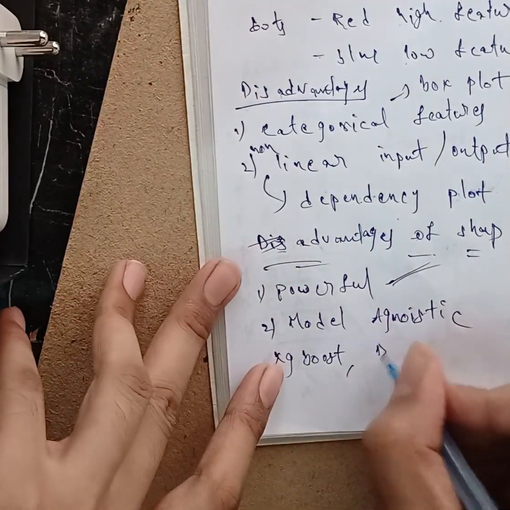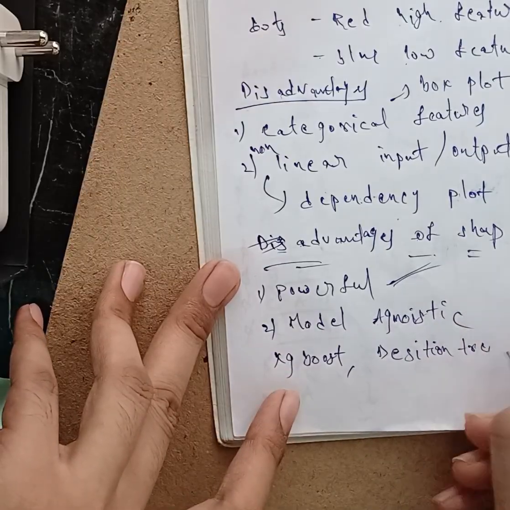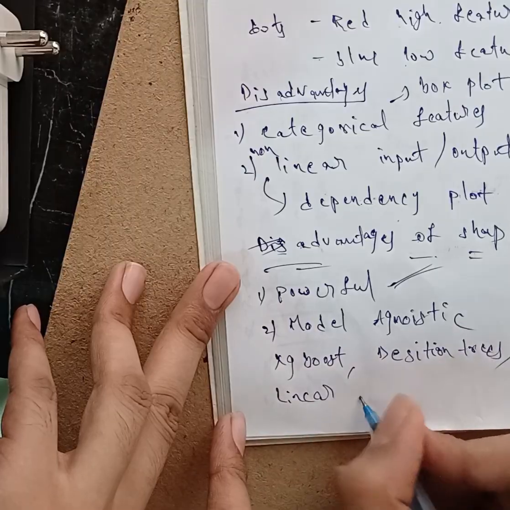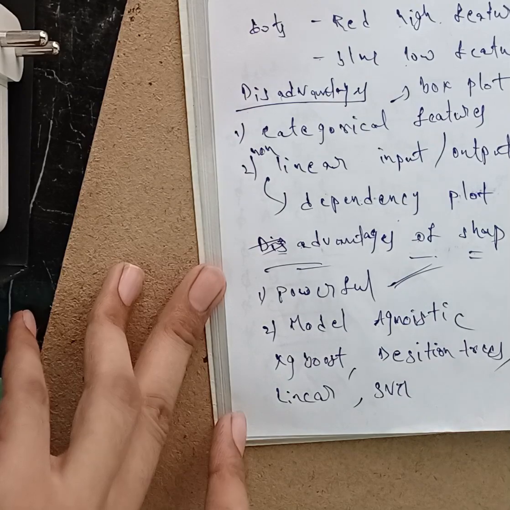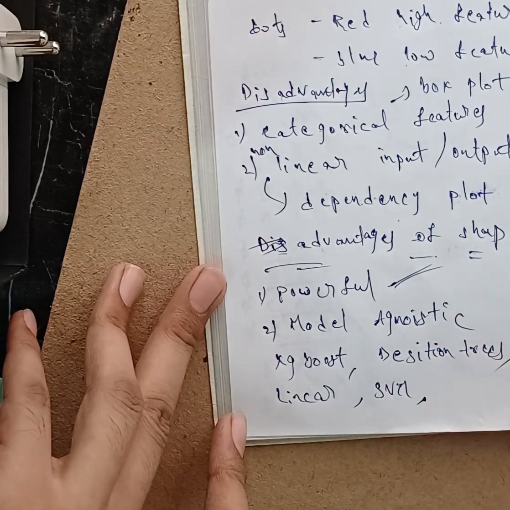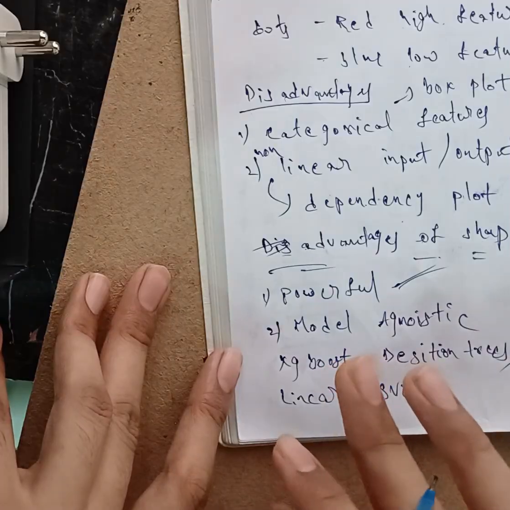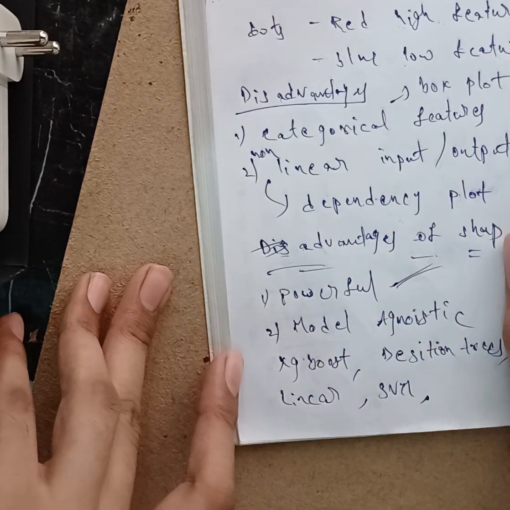What if you trained decision trees, or a linear regression or an SVM or whatever it is? It works for every model, or any deep learning models, anything. So here we are not depending on any model's particular algorithm.